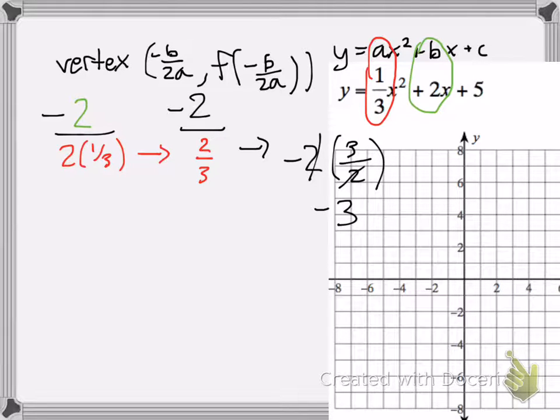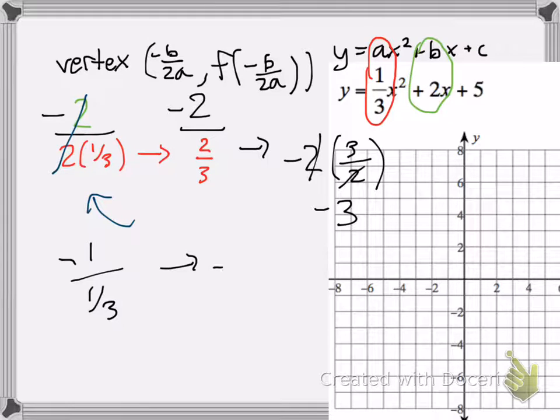Another way I could have done this, actually probably would have been faster, is I could have noticed at the beginning, when I'm here, I can cancel out these 2's, and then I'd be left with negative 1 over 1/3. And when I have, again, this fraction on the bottom, it becomes the reciprocal, because it's like negative 1 divided by 1/3.